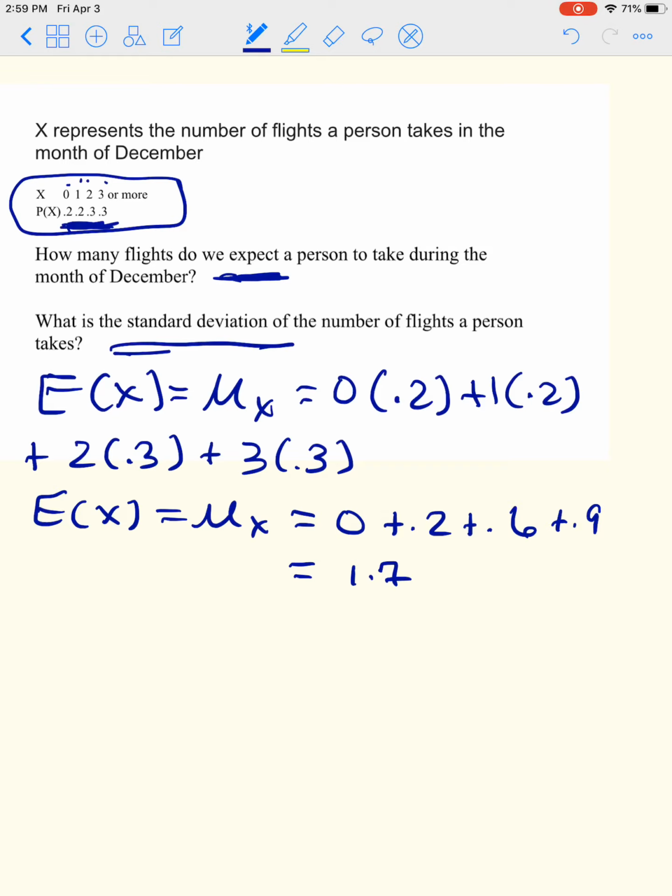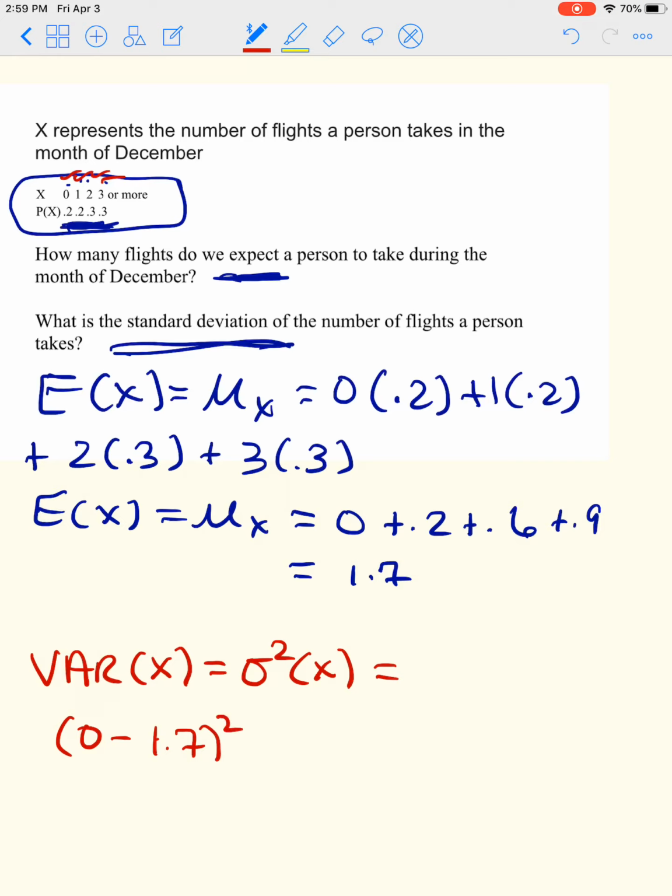How do we find this standard deviation? Well, first let's try to find the variance of X, which is the standard deviation squared. You could find that by taking each number here, subtracting it from the average that you just found, and timesing it by its probability.